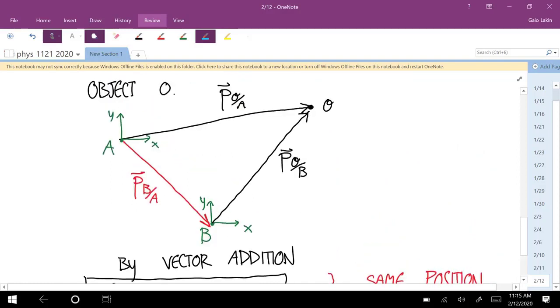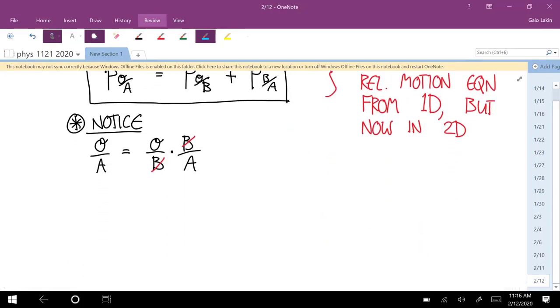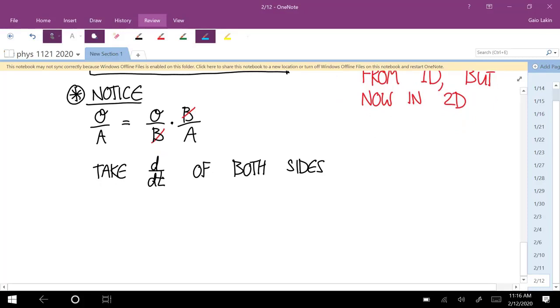And now if these coordinate systems and the object are all moving, you can take the time derivatives of both sides of the equation. So d dt of both sides, and it gives you the velocity and acceleration relative motion equations that we had in 1D. Just now everything is vectors. So everything works out the way that you would guess it would work if you had to guess.